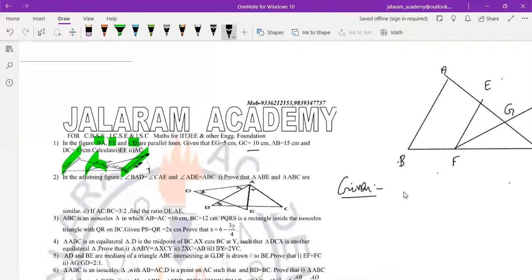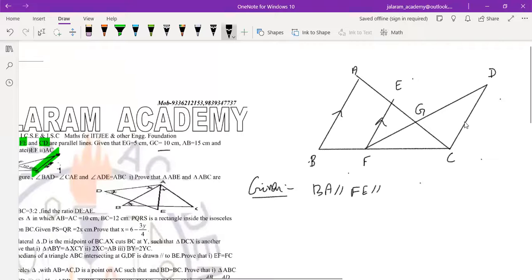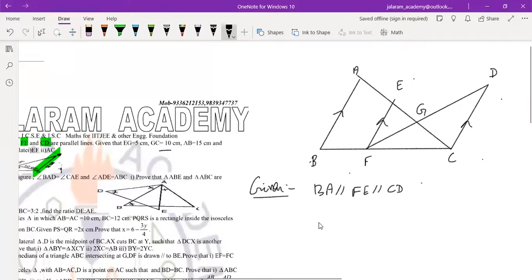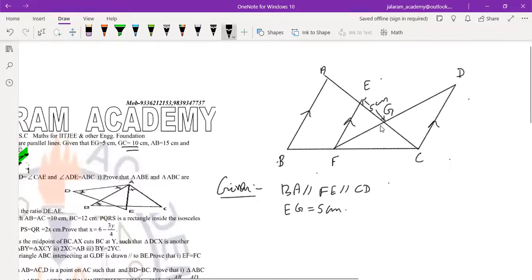Given: BA is parallel to FE is parallel to CD. EG equals 5 centimeter. Write this also, EG equals 5 centimeter, mark in the figure. GC equals 10 centimeter.